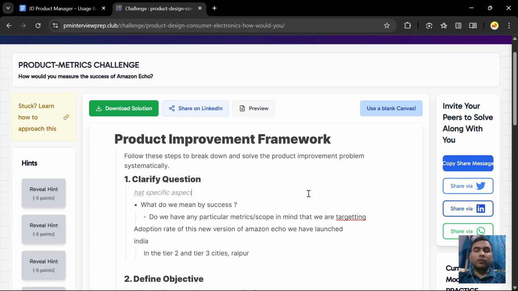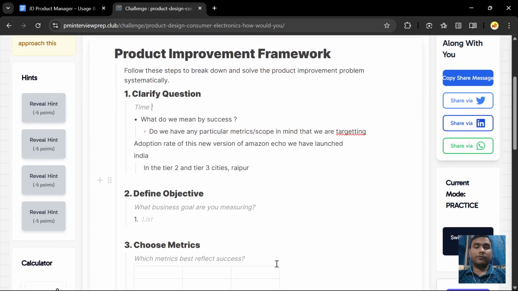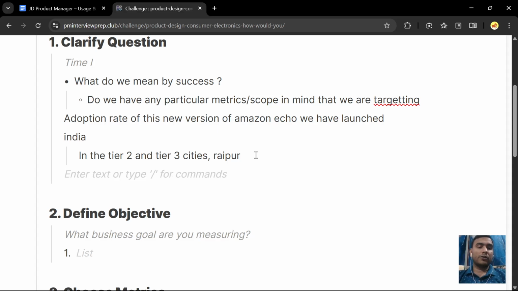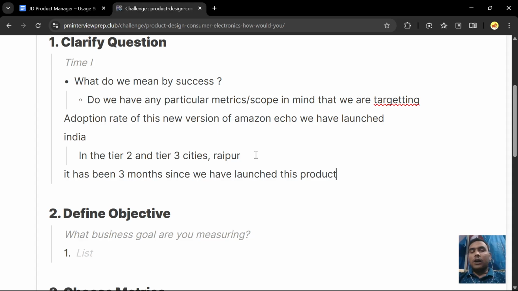The timeline since we launched this new version has been 3 months. So we are looking at how well it has been adopted and who the adopters are.